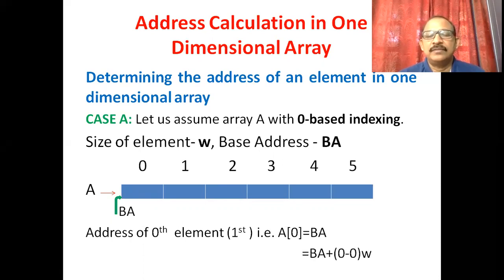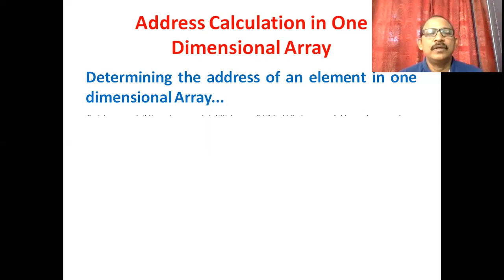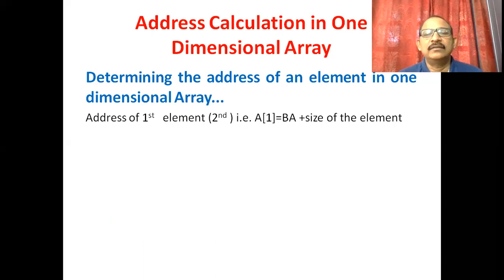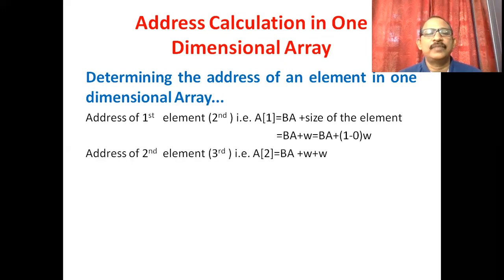We can also write this as BA plus 0 minus 0 into W. The address of the first element, that is A1, is BA plus the size of the element, where BA is the base address and the size of the element is W. Now you can write BA plus 1 minus 0 into W. In the same way, the address of the second element, that is the third element in the array, A2, is BA plus W plus W. Now you can write BA plus 2W, and you may write this as BA plus 2 minus 0 into W.